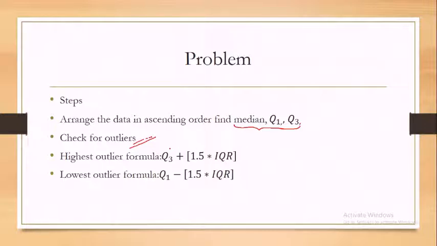So when you check for the outliers, you have to find out the highest outlier, and the formula for that is this. And the lowest outlier, the formula for that is Q1 minus 1.5 into IQR. IQR is your interquartile range. 1.5 is the length of the whisker.